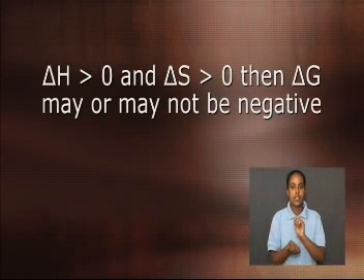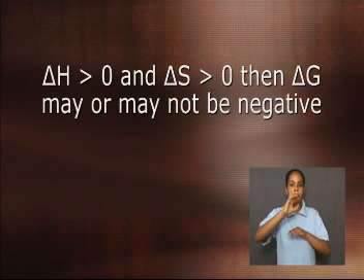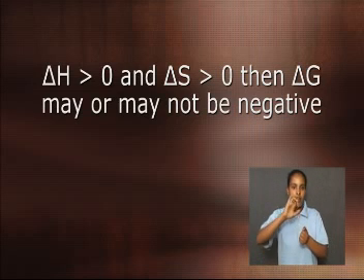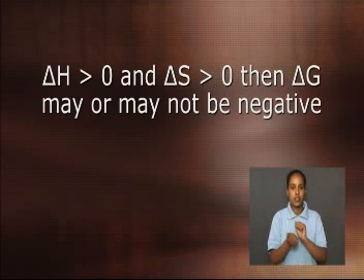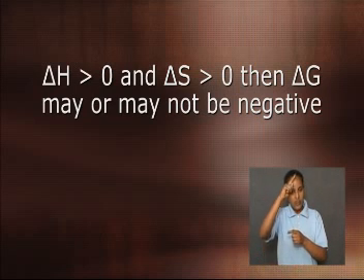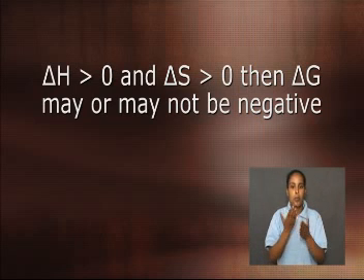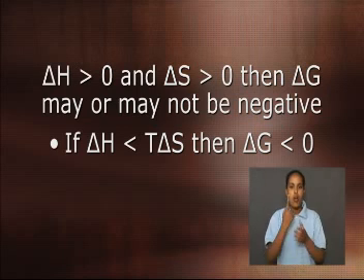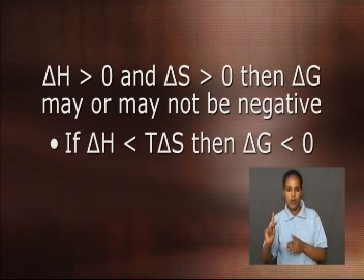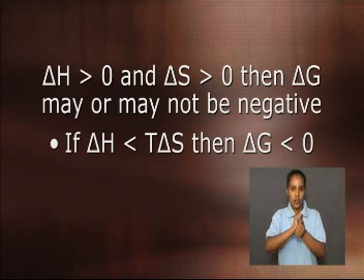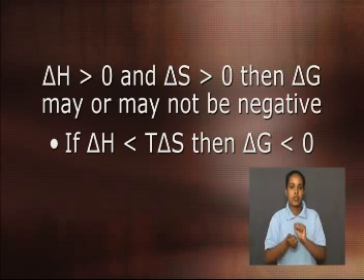If the change in enthalpy is greater than 0 and the change in entropy is greater as well, then the change in Gibbs free energy may or may not be negative. Only if the change in enthalpy is less than the product of temperature and change in entropy will the change in Gibbs free energy be less than 0.